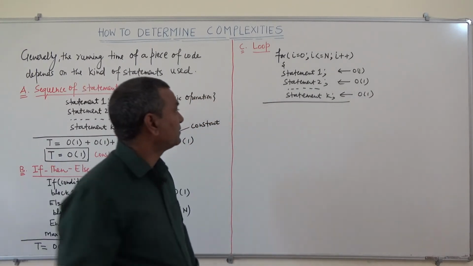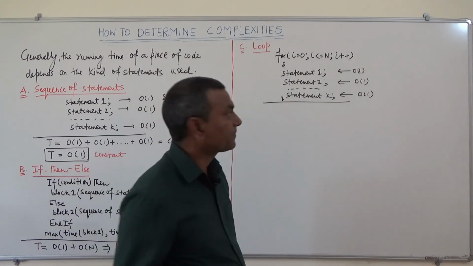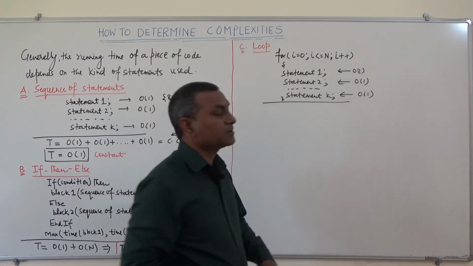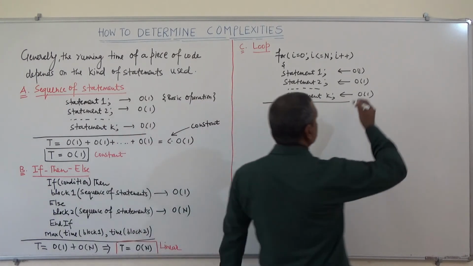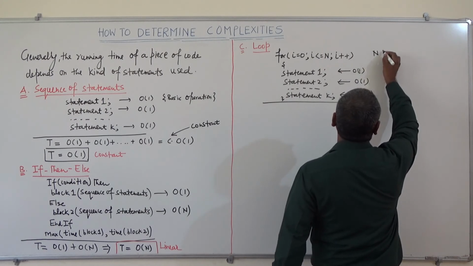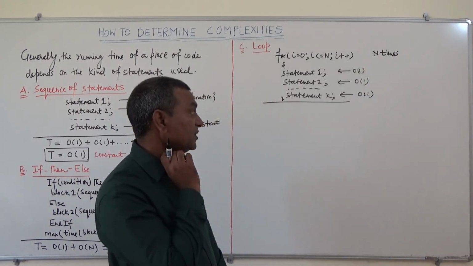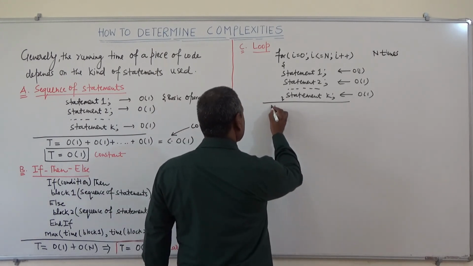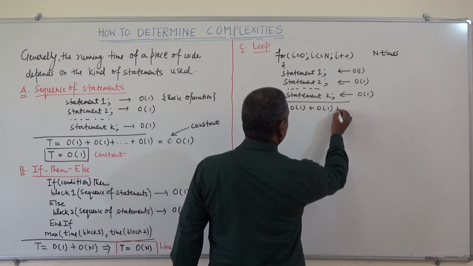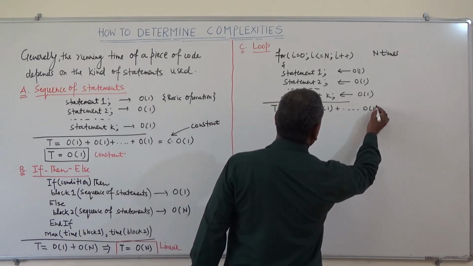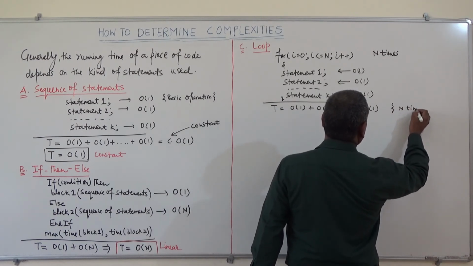But this loop will run n times, because for i equals to 0, i is less than equals to n. So we can say the time complexity will be order of 1 plus order of 1 and so on, order of 1, n times.